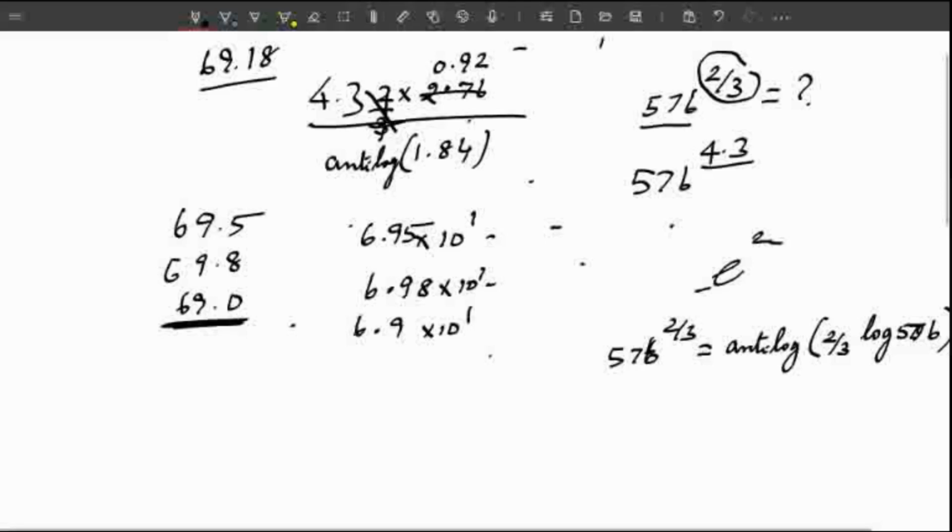But numerical values can also be taken for any exponential. How to take this exponential for a number? I'm going to give two examples.